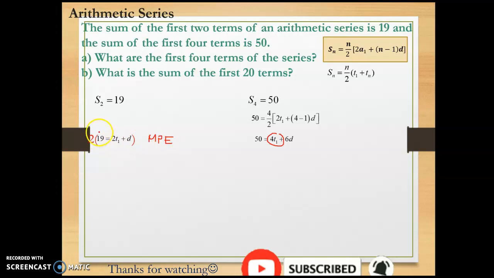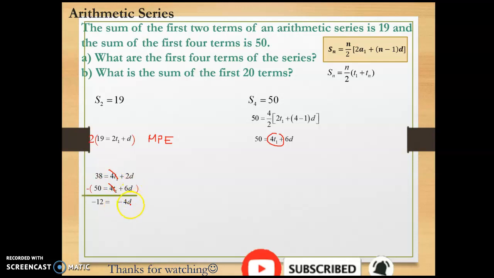Whatever you multiply on the left side, you also have to multiply on the right side. So if you multiply this one, it becomes 38 equal to 4t sub 1 plus 2d, and then they now become the same, 4t sub 1. Then you subtract for them to eliminate.